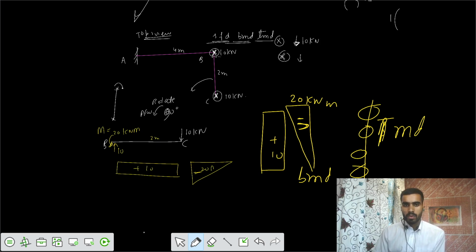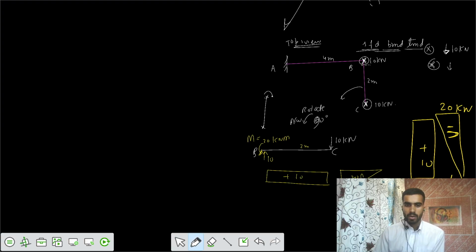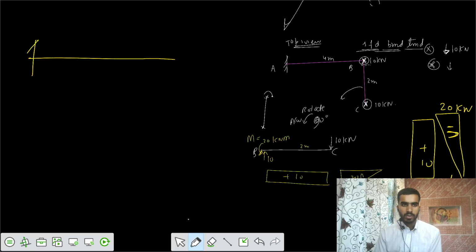Now for AB, those internal forces and reactions would get transferred. This is your AB for a length of 4 meter, and for this part you had that 10 kilonewton upwards. That means for this one it would be downwards 10.